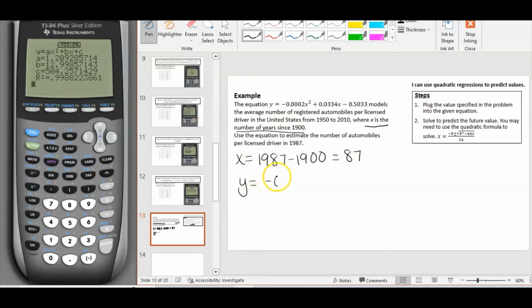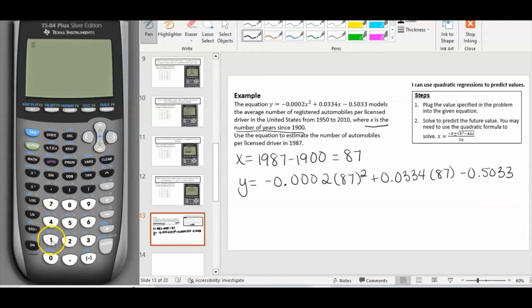So we have y equals negative 0.0002 times 87 squared, plus 0.0334 times 87, minus 0.5033. This is a bunch of number crunching, so I'm going to do this on my calculator. I have negative 0.0002 times 87 squared, and then plus 0.0334 times 87, and then minus 0.5033.